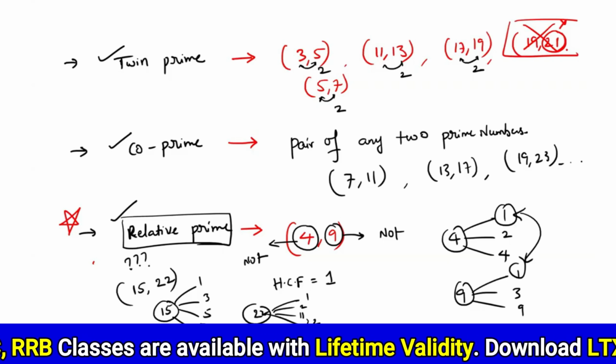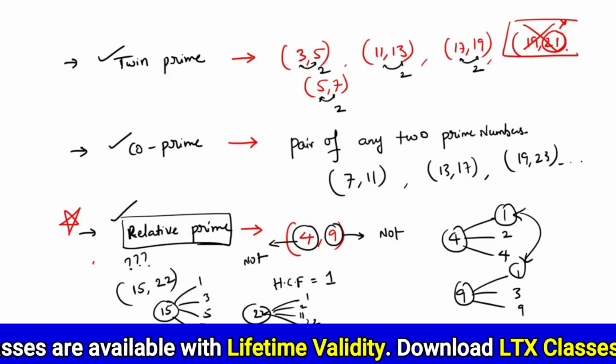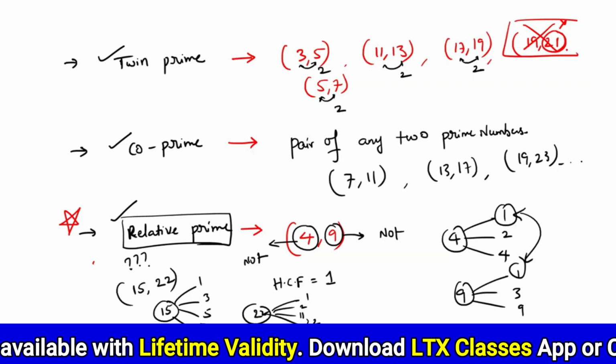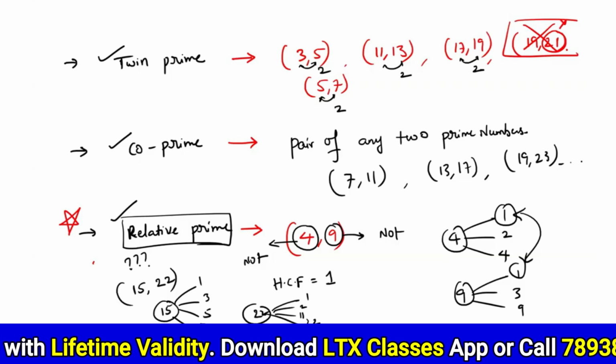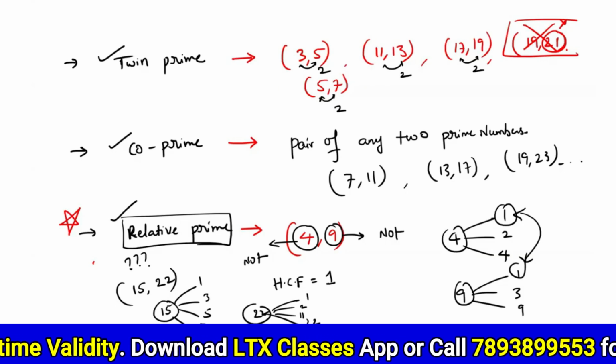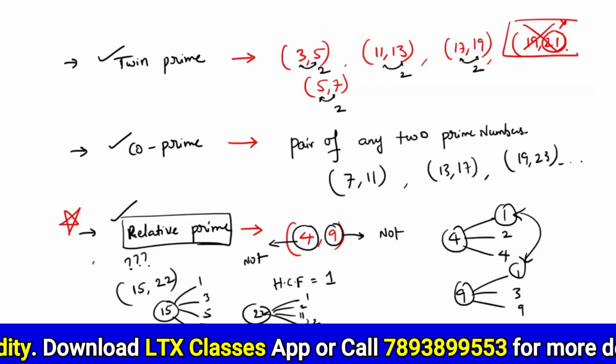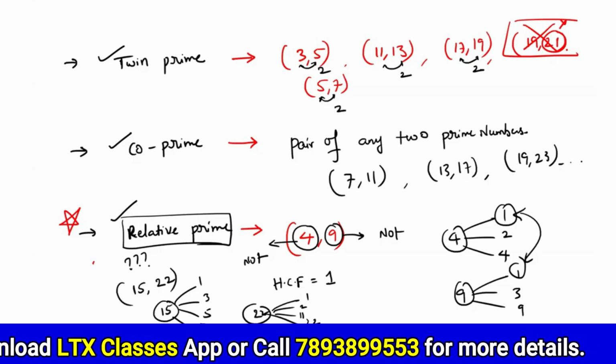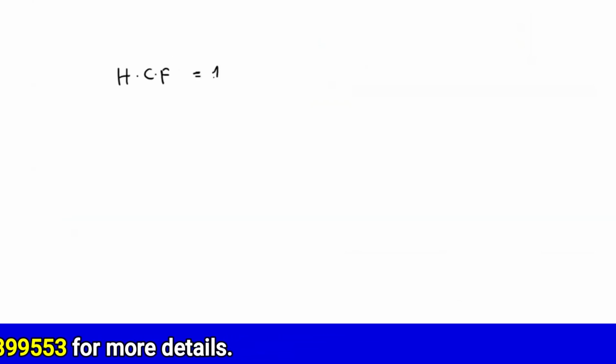Sir, can you please tell me the relative prime definition again? You're asking about relative prime, that's it, right? Yes, sir. See, regarding relative prime, the highest common factor must be equivalent to 1.